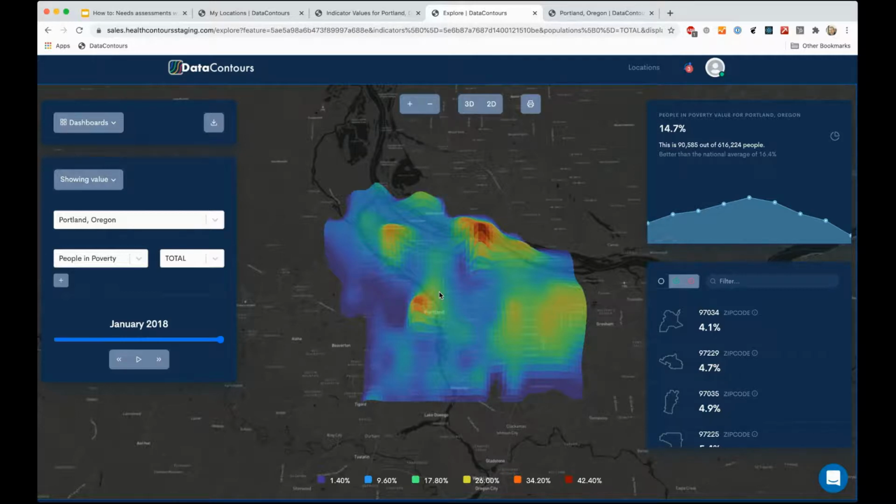So for poverty, like this one that's reported at the tract level, we use a population weighted small area estimation algorithm using a grid to come up with the value for Portland. We have methods documents available on the website if you want to dive into the nitty gritty details, but ultimately, this is a set of algorithms and methods developed by the CDC and by NASA for processing large geospatial and population data sets.